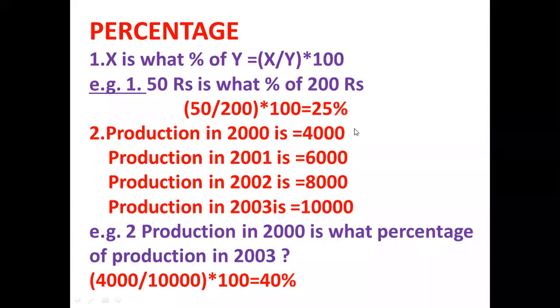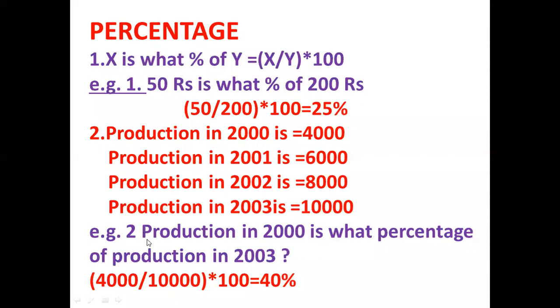Suppose you have been given productions in various years like 2000, 2001, 2002, 2003. And if they ask you, production in 2000 is what percentage of production in 2003. You can compare this question with this formula.